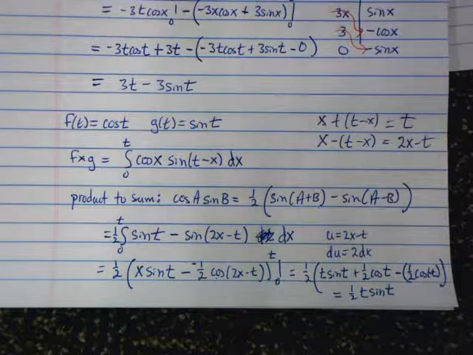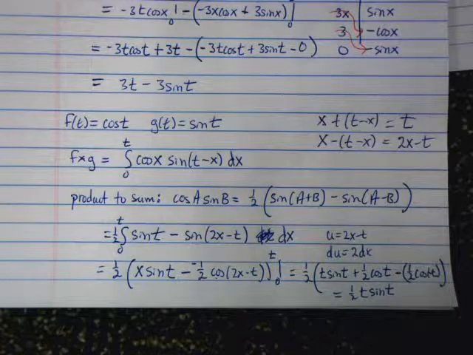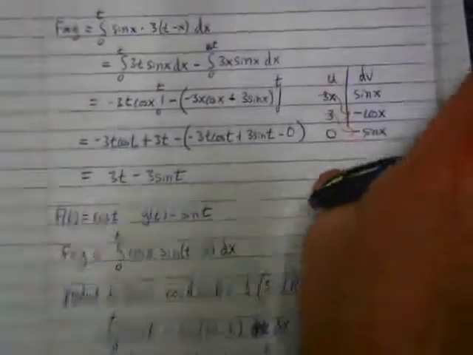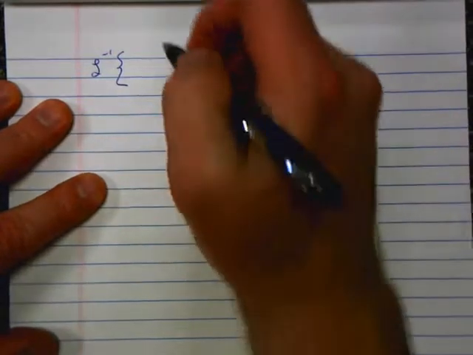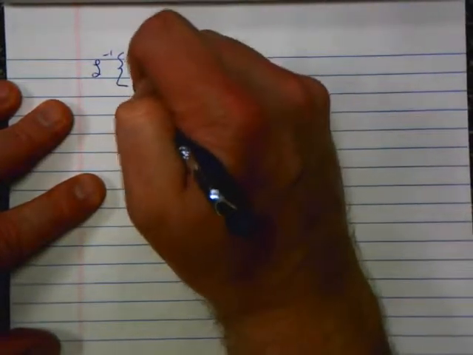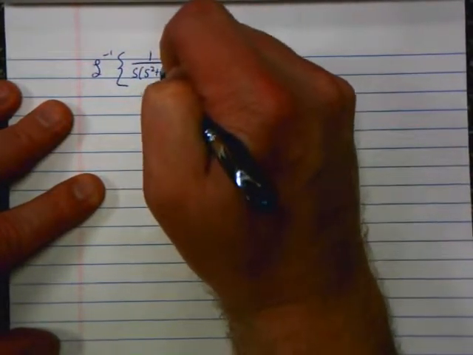Questions on that? All right, so you're going to have some homework problems that look like this. Determine the inverse Laplace transform of 1 over s times s squared plus 4.